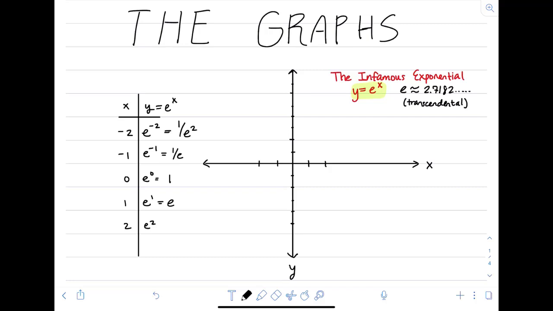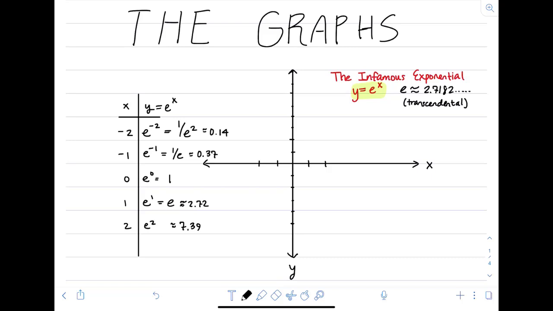And for our own visual approximation, we'll just write down that e squared is about 7.39, and then 1 over e squared is about 0.14, and 1 over e is about 0.37, and then we already have that e is about 2.72.